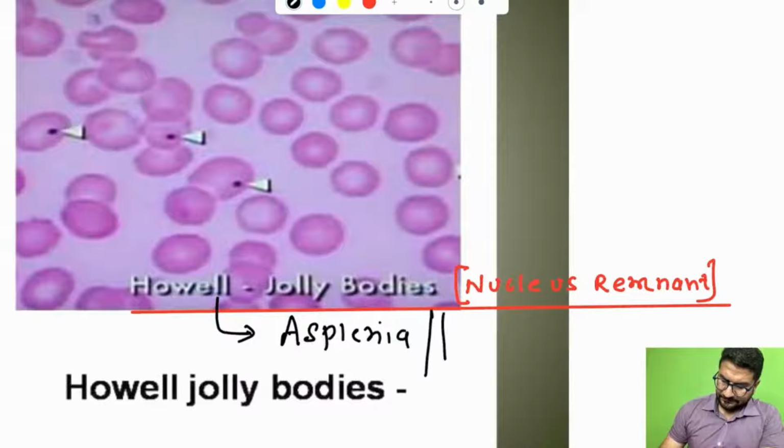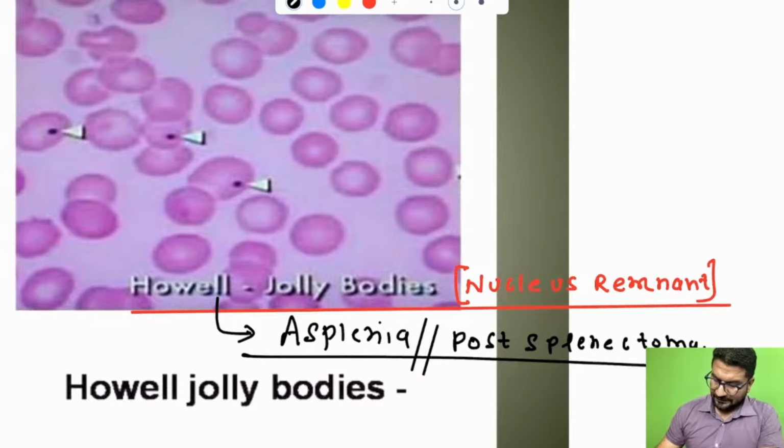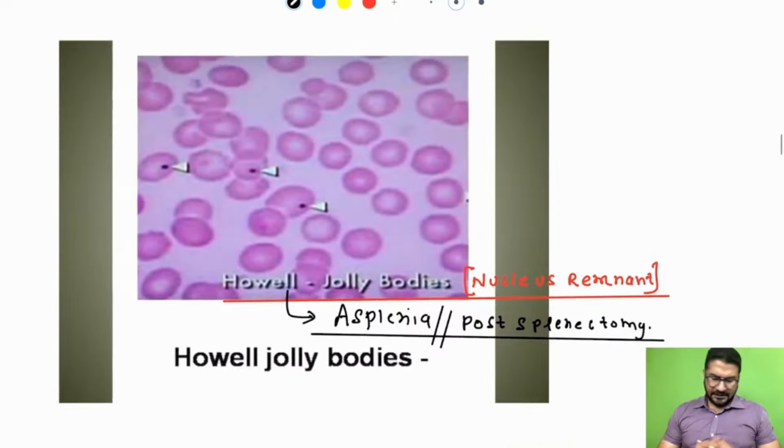Asplenia means जिस पेशेंट का स्प्लीन निकल चुका है, due to spleen removal. So post splenectomy, this is something which we see, Howell Jolly bodies. इससे मिलती जुलती होती हैं Heinz bodies, but remember Heinz bodies are precipitated or denatured hemoglobin. Done?